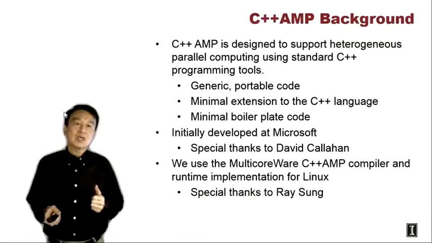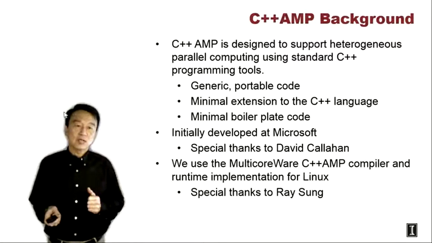For this course, we need to have a Linux version or implementation of C++ AMP. Currently, the only available C++ AMP implementation is from Multicoreware. This is led by the solution architect, Ray Song, in Champaign, Illinois. I really appreciate his support and Multicoreware's willingness to let us use the beta version of the C++ AMP implementation.